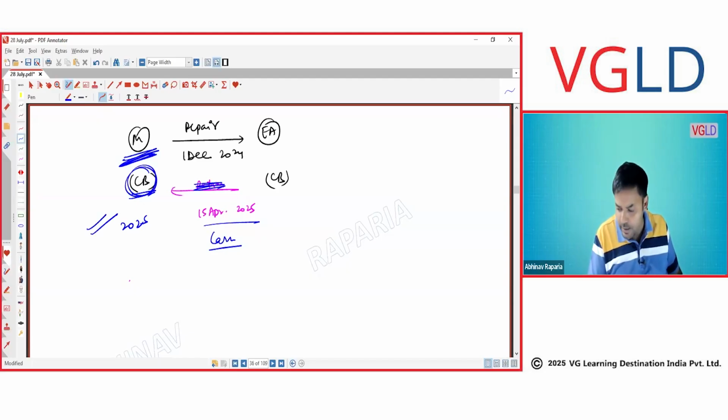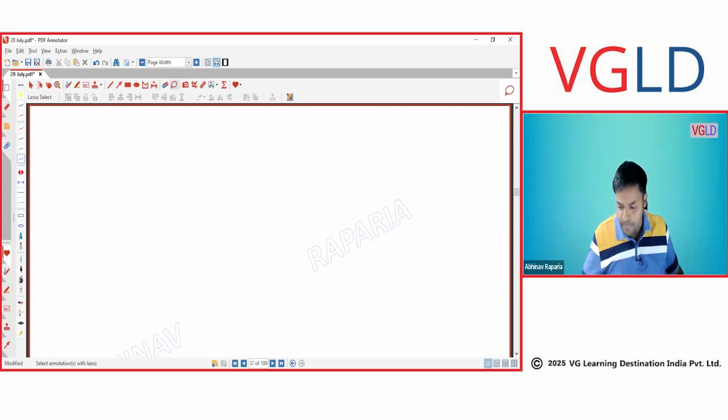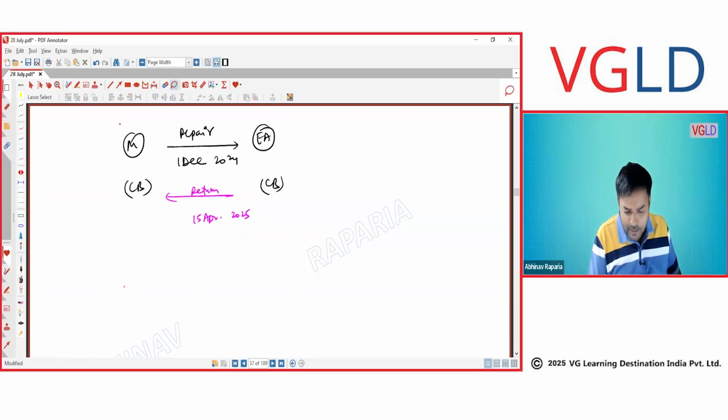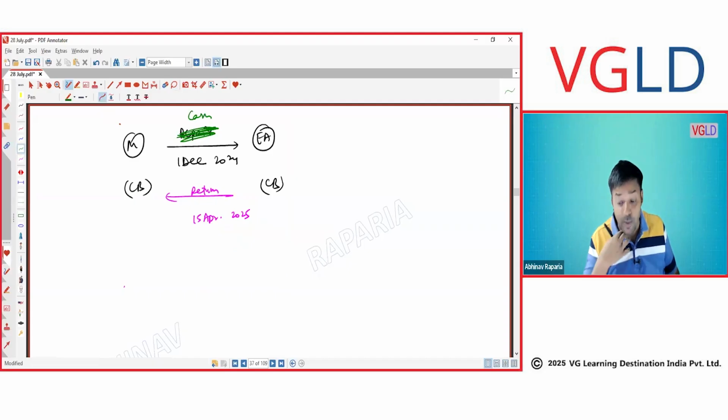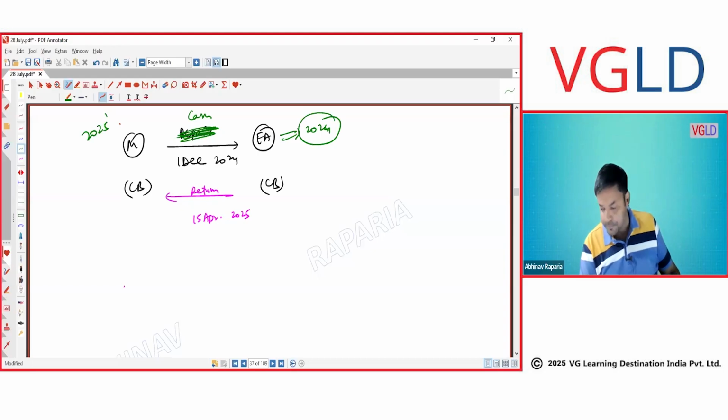Same for the EA perspective. Don't assume that the other person is providing you the service. Assume that the other person is also giving you cash. When that person is giving you cash, that's when it's going to be booked. So 2024, 2025. Let me know any doubt.